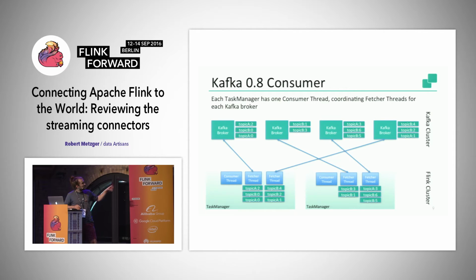So you, for example, see that the broker on the upper left has partition 2 of topic A, and it has partition 0 of topic B and partition 0 of topic A. So that the load is spread out across the brokers. So as I said, on the top is Kafka, and on the bottom is Flink.